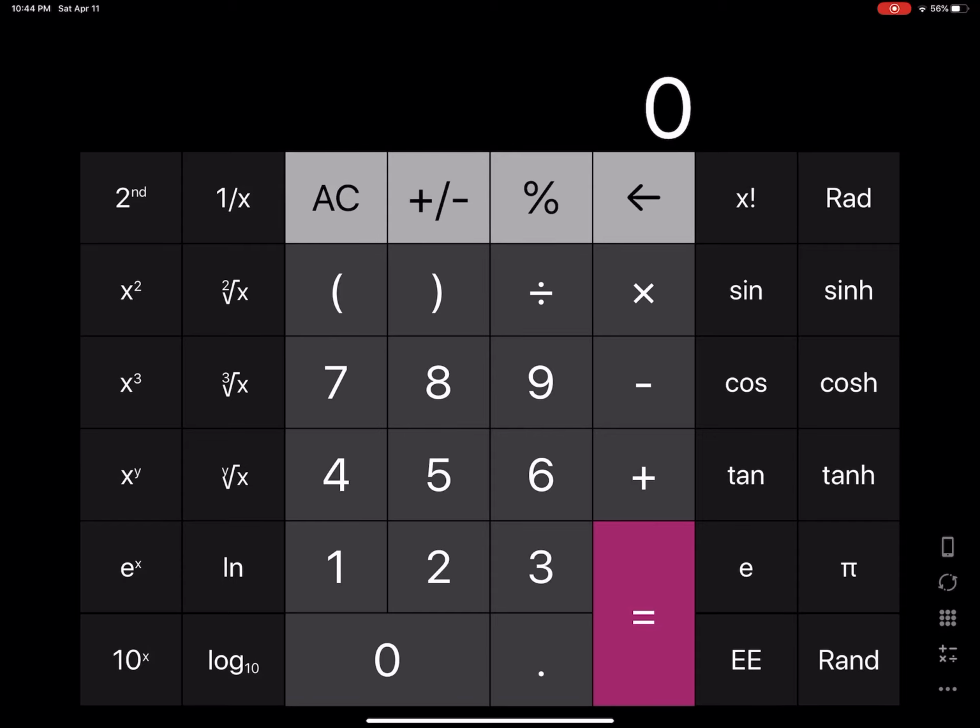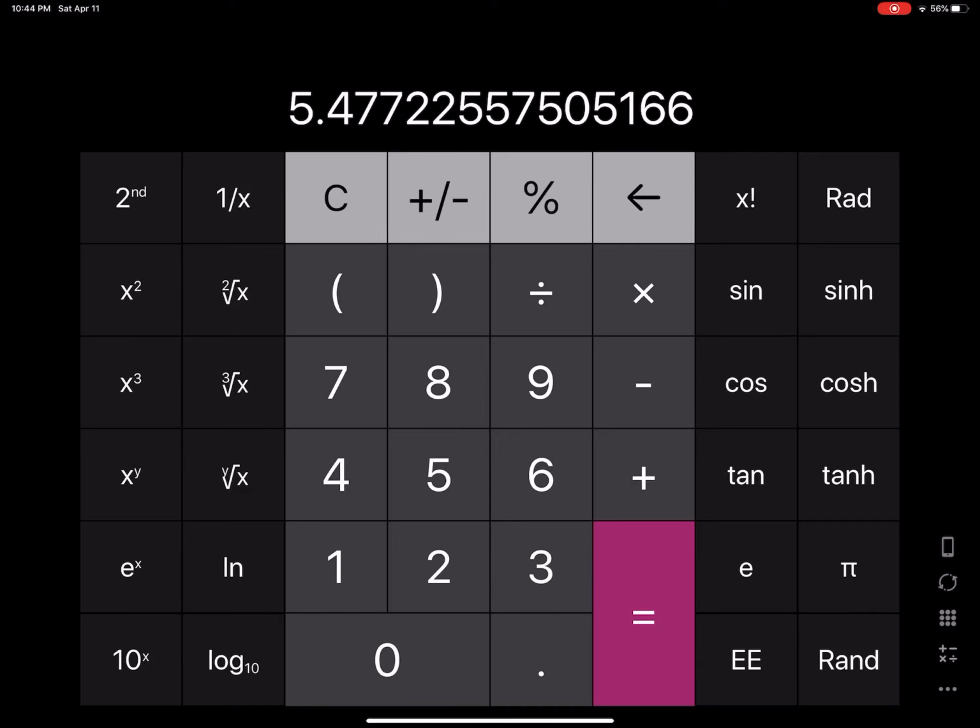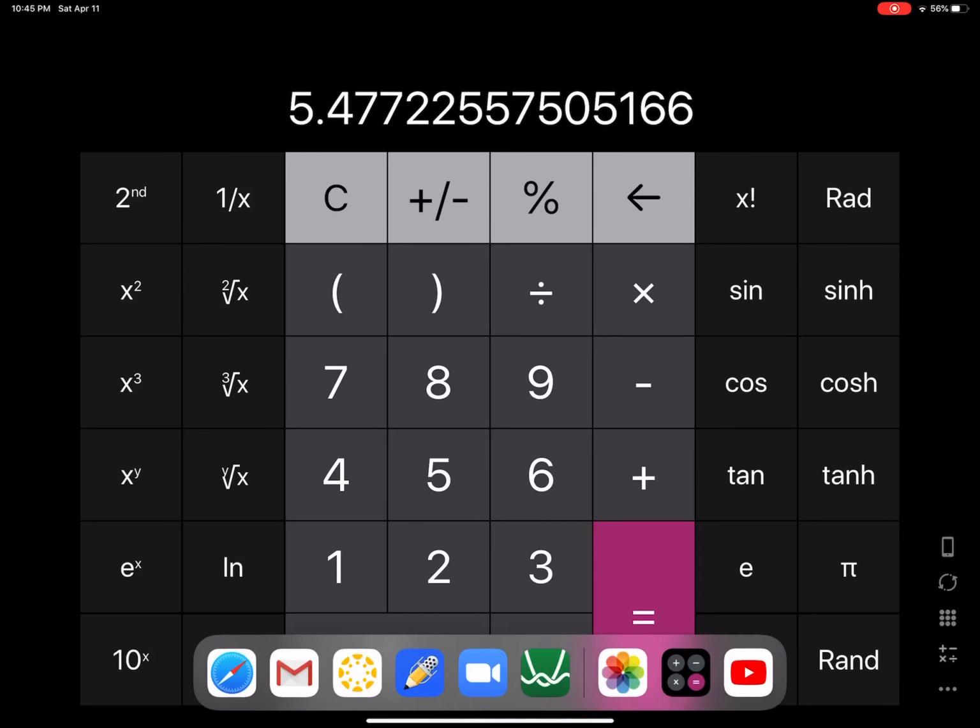So what I'm looking for is the number times itself that's going to give me 30. That ends up to be this number, 5.47722557, and it keeps going and it keeps going.